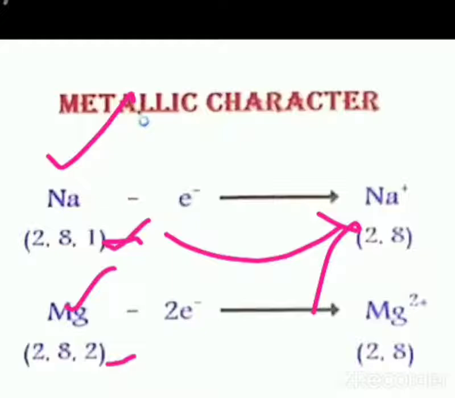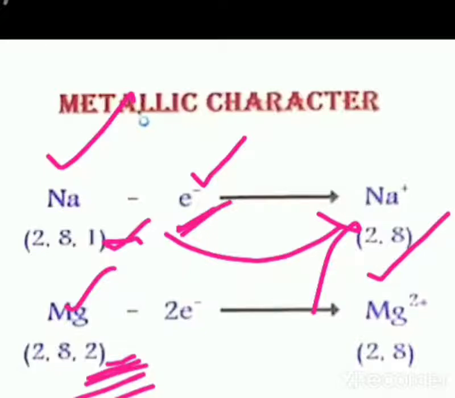Here you can see the energy is applied and the removal of 1 electron takes place. After that your sodium becomes positive and stable. Same in magnesium, these 2 electrons are removed to form a positively charged ion, and it becomes stable.